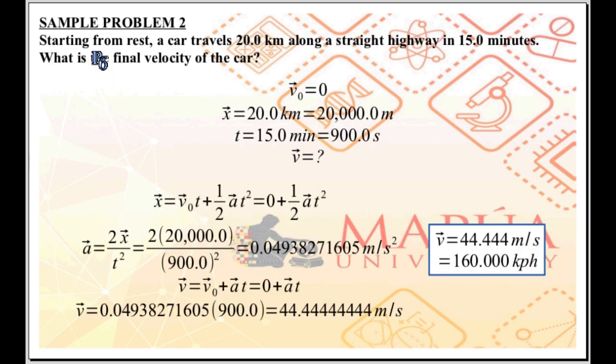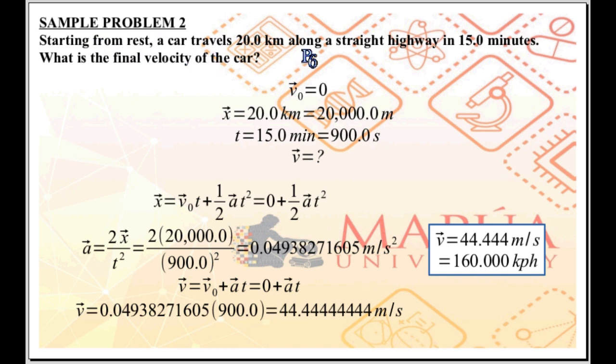Next up, we have sample problem number 2. Starting from rest, a car travels 20 kilometers along a straight highway in 15 minutes. What is the final velocity of the car? So here, the object starts from rest. Therefore, initial velocity is equal to 0.